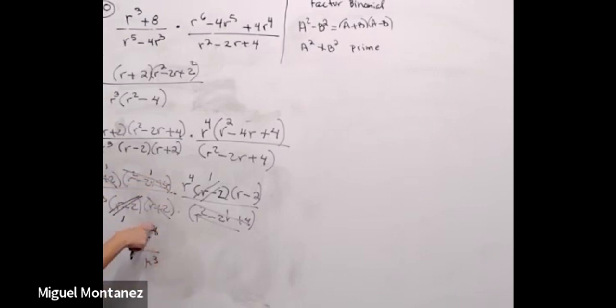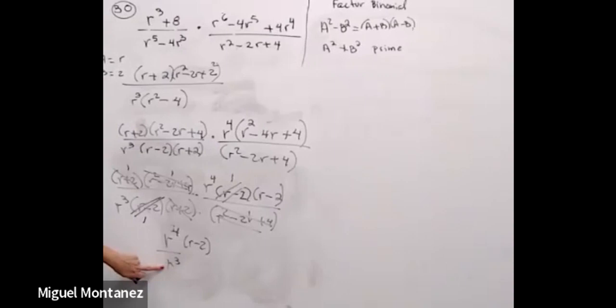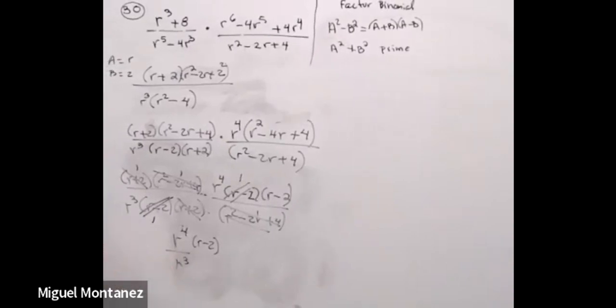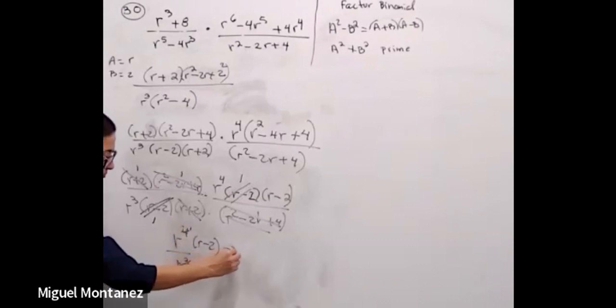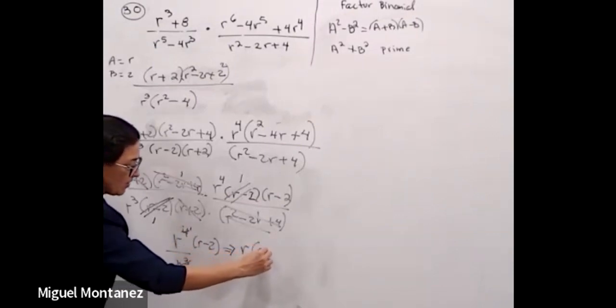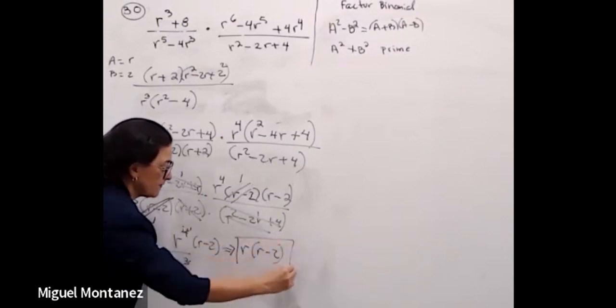So we could still simplify more. We still have R minus 2. So R to the 4th and R cubed, that will be R, exactly. So we are left with 1R and R minus 2. Over here, everything gets simplified.